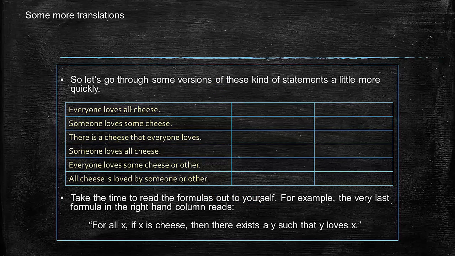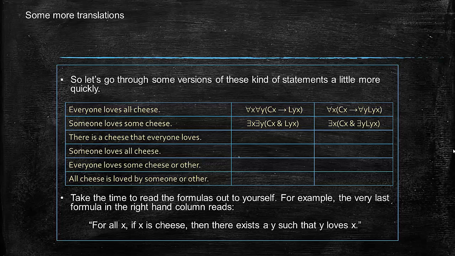Okay, so let's go through some of these statements or propositions a little more quickly. Everyone loves cheese, which we've done. I'm just writing it a little more explicitly as everyone loves all cheese. Could be either of these two. We already did that one. How would we do someone loves some cheese? Well, here we're going to use existential quantifiers, and again, we can distribute the quantifiers either way.